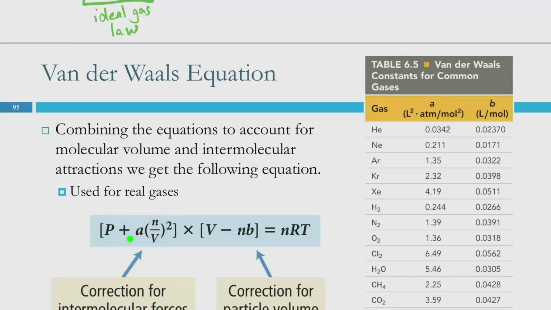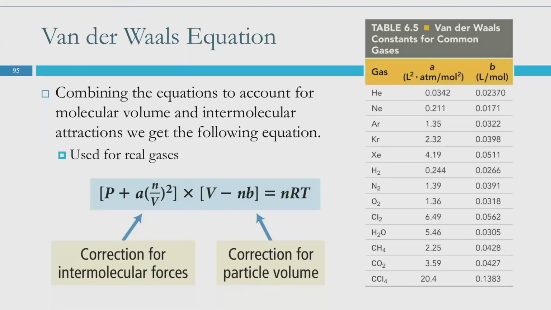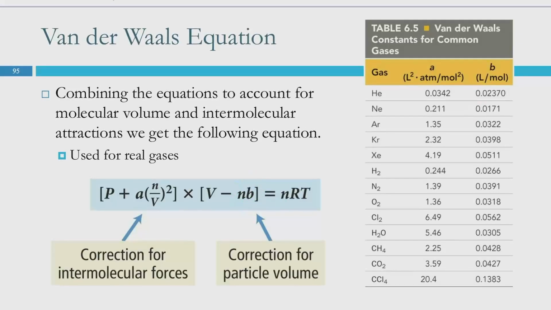That's where we get this P term from, and then the V minus nb is from our previous equation. So for our pressure, we've got a correction for intermolecular forces. That's with our A n over V squared. And then for our volume, because our particles do take up space, we also have this correction for particle volume.